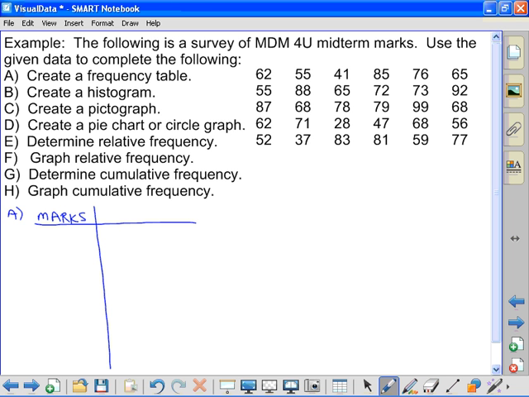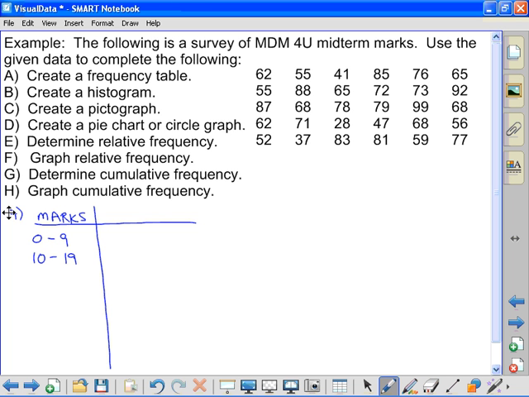So I know that marks are typically, well, they have to be between 0 and 100. Okay? So when you set it up, I know my intervals will be 0 to 9, 10 to 19. And what I'm doing here, because I started with 0, technically it's possible to have a mark of 0. And I want the categories to be even. So if you go from 0 to 9, that's 10 marks.